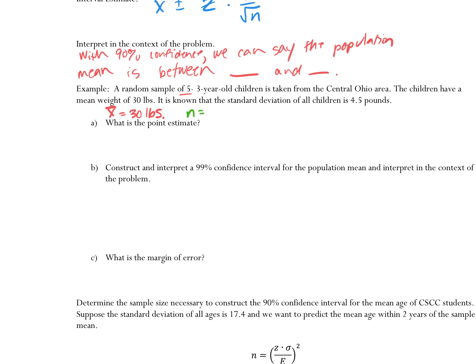It's probably worth noting that the sample size was 5. And let's see, what else do we need to know? Oh, we're told that the standard deviation of all 3-year-olds is 4.5 pounds. So my point estimate, my best guess at what the actual population mean is, is 30 pounds.